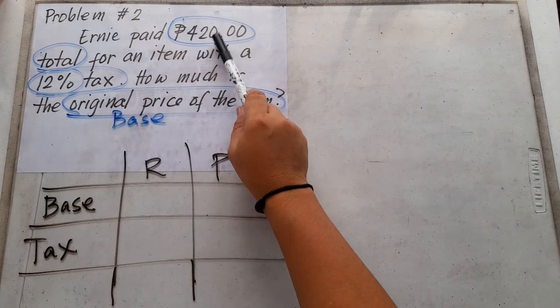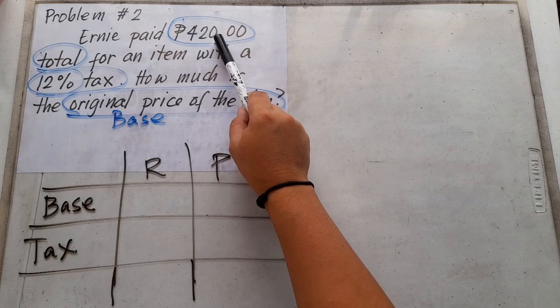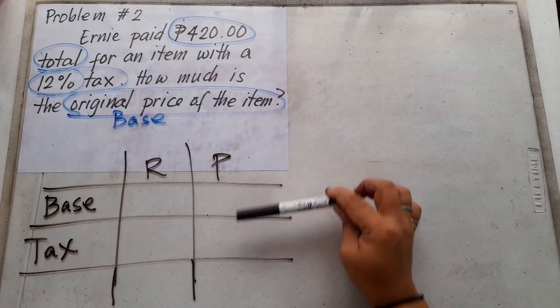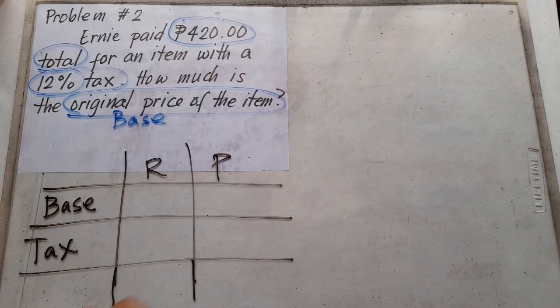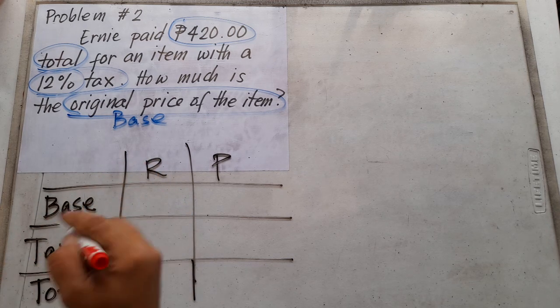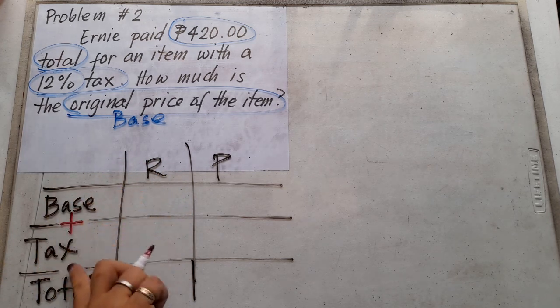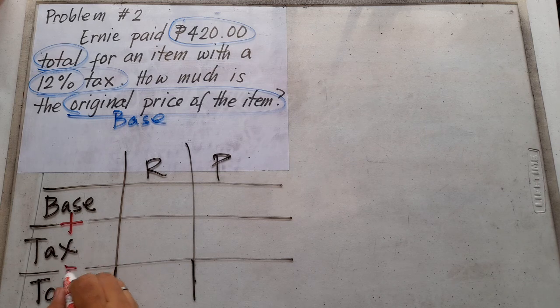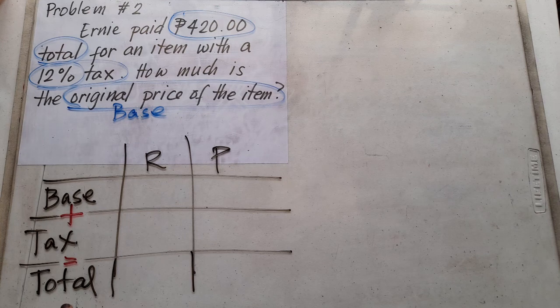So yung 420 pesos na yan, hindi yan base. Doon yan sa total amount paid. So we'll have a third row here, total. Anong ibig sabihin ng total na yan? Ibig sabihin yan, when we add the base and the tax, we'll have the total amount paid. Yan yung total niya. Pag ganon, vertical tayo. We add.